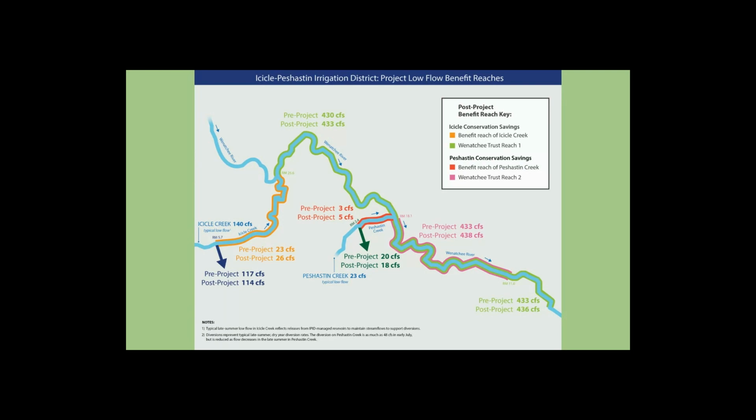This is really the only player in Peshastin Creek, and it really is the only diversion there, and there's a lot less water in Peshastin Creek. Is there any opportunity to potentially redevelop this in a way that you left 5 CFS all in Peshastin Creek and you didn't add any water to the Icicle?